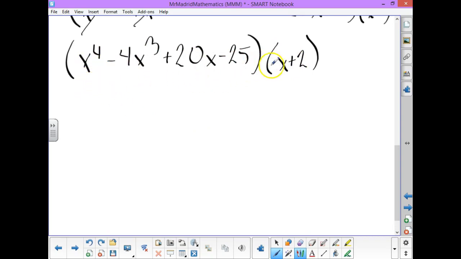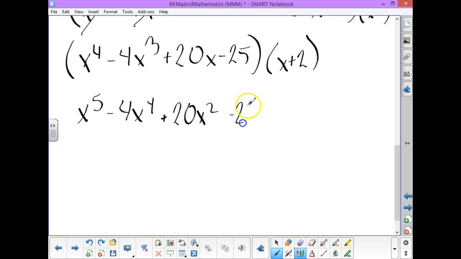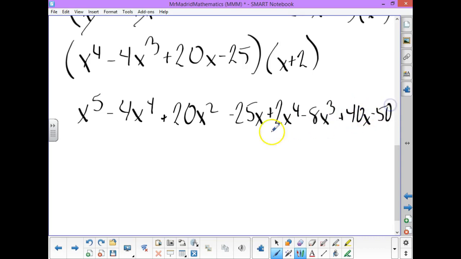So here, last time, I will distribute this x across the board. x to the 5th minus 4x to the 4th plus 20x squared minus 25x. And this 2 will get distributed, plus 20x to the 4th minus 8x cubed plus 40x and minus 50.